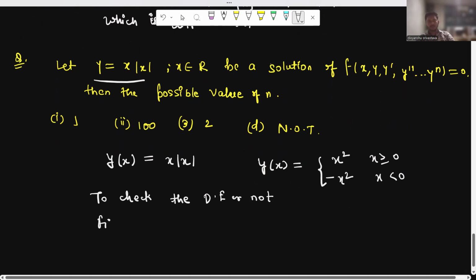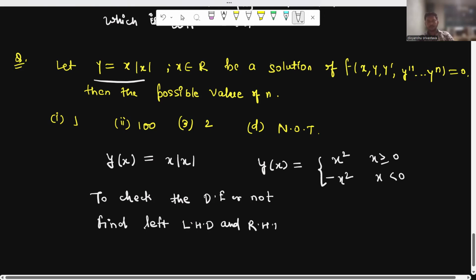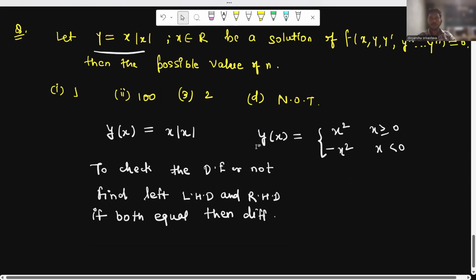Second thing is find the left hand derivative and right hand derivative. And lastly, if both are equal, then this is differentiable. So how to solve this? I am going to solve.